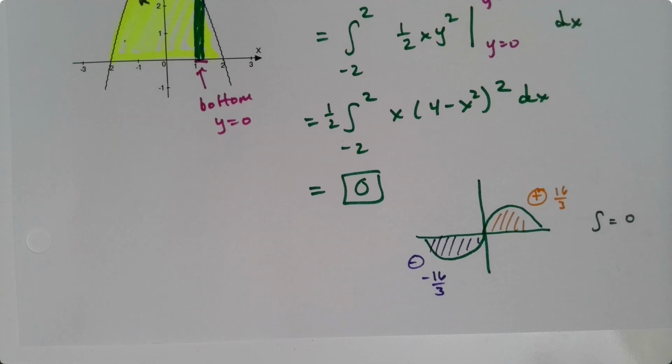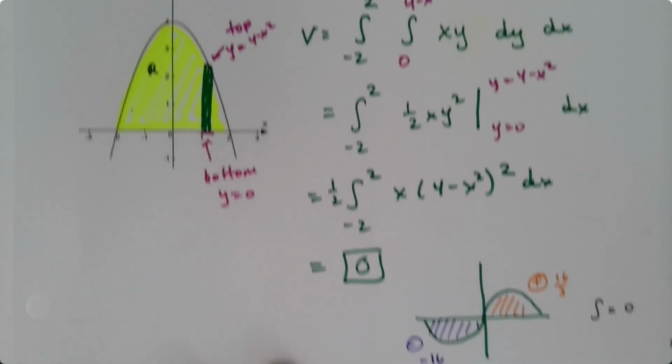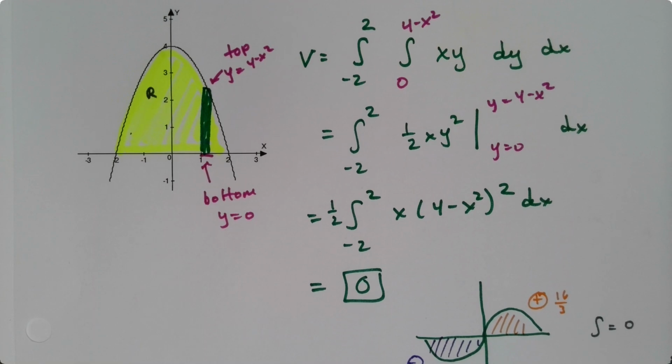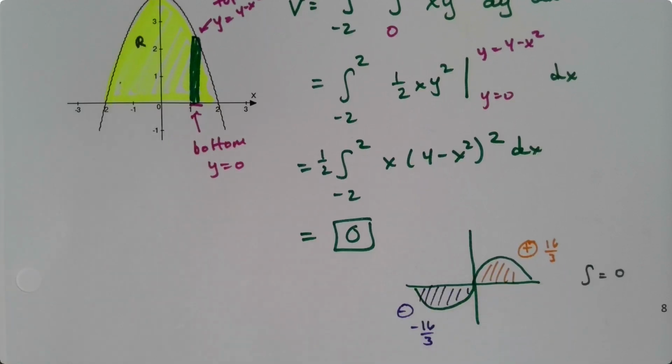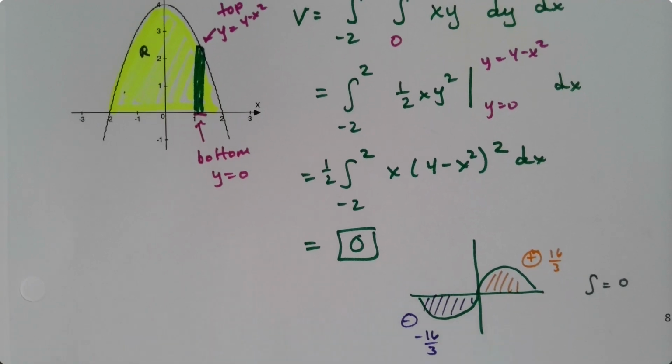So it's kind of interesting to see how that can happen with a three-dimensional object like that. And it's the same thing as when we were doing two-dimensional objects. If this was two-dimensional in Calc 1, that would also have been 0 for an area for the same reasons. It's the difference between distance and displacement that we learned about in Calc 2, coming to rear its head again, but now in 3 dimensions.